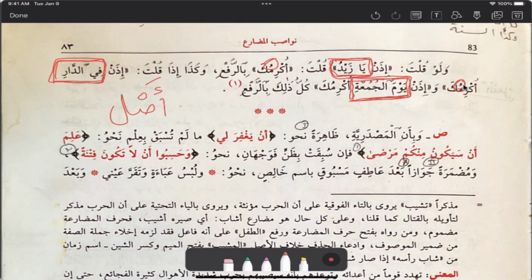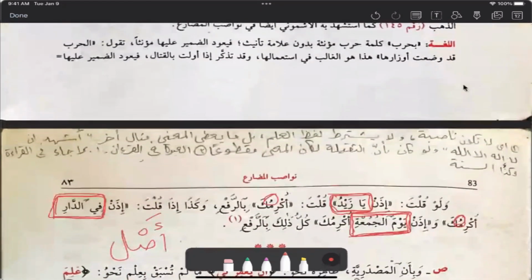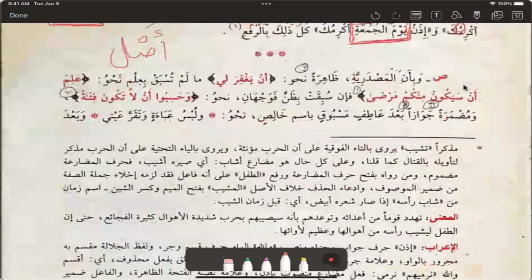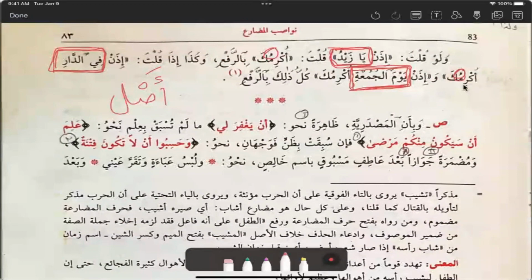You put your harakat and your notes on the side and made your corrections, and it became a personalized copy. That's your asl. So what you see on your screen is my asl that I took when I took Qatrun Nada.